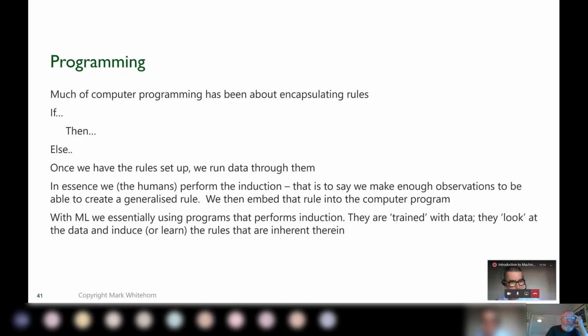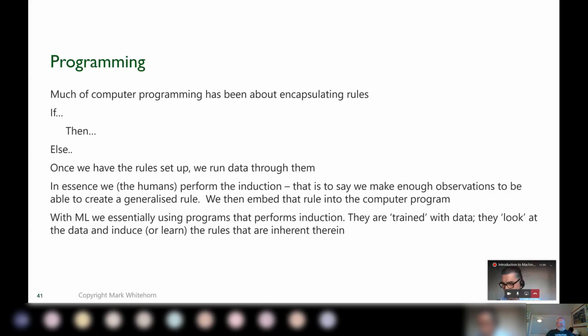So you roll back to the 1970s, 80s, 90s, you think about Java programming, you think about C# programming. What you're doing is the human beings are thinking of the rules, the programmer is typing them into the program, and the program is running the rule. The program is doing the deduction, the human beings did the induction.